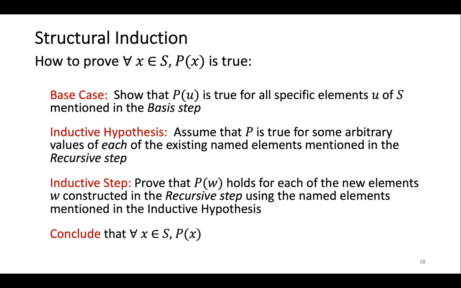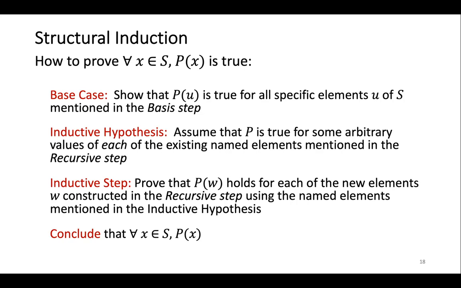First, a base case: show that P of u is true for all specific elements u of S mentioned in the basis step. Then we set the hypothesis: assume that P is true for some arbitrary value of each of the existing named elements mentioned in the recursive step.